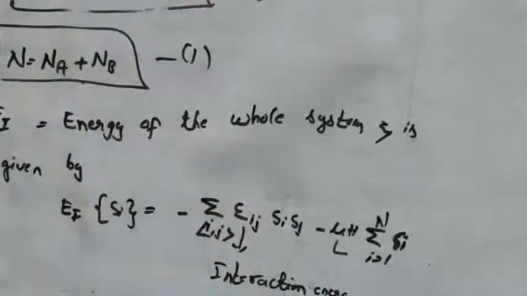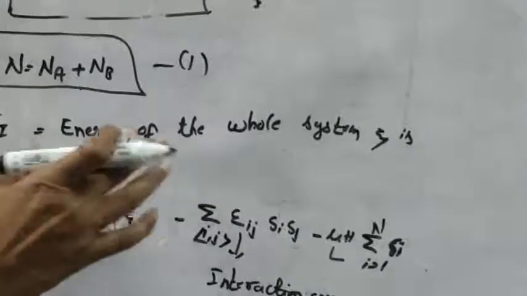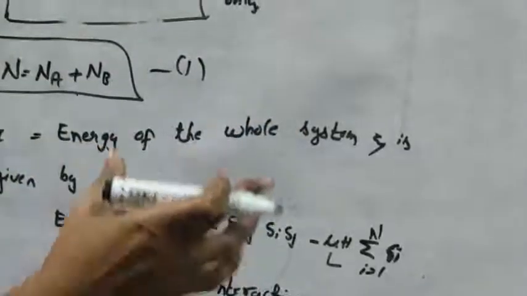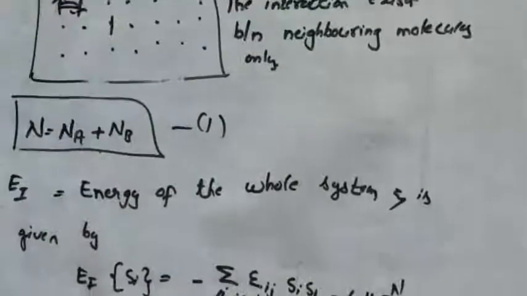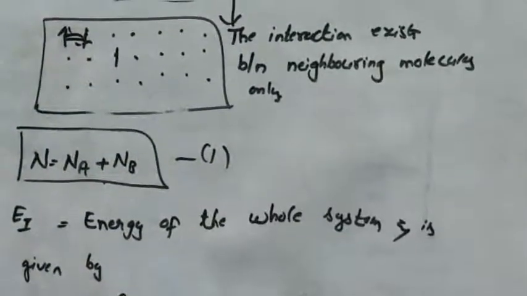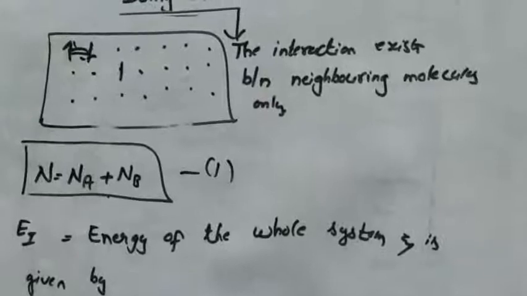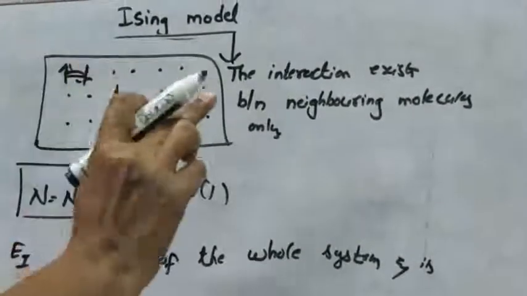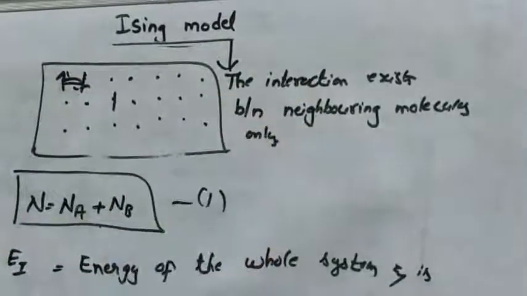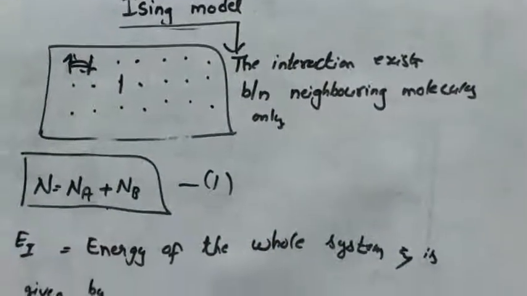So these are the parameters, and by this equation we are going to calculate the energy of the considered substance. Now our question is how to calculate the interaction energy. According to this model, the interaction takes place between the neighboring molecules only.